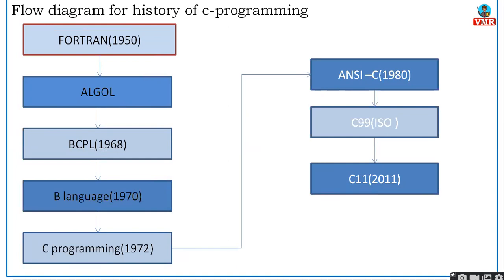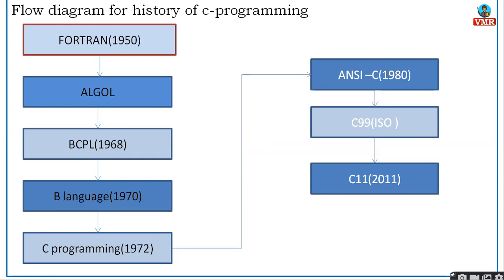See, Fortran started in 1950, and then from Fortran they moved to Algol, from Algol to BCPL, from BCPL to B, from B to C. And in C, they added these standards, the ISO standards, and finally we moved to C11 in 2011. So this was the basic history of the C program.